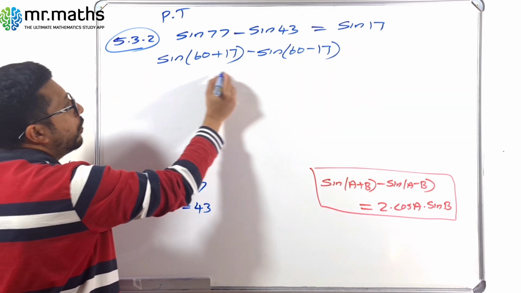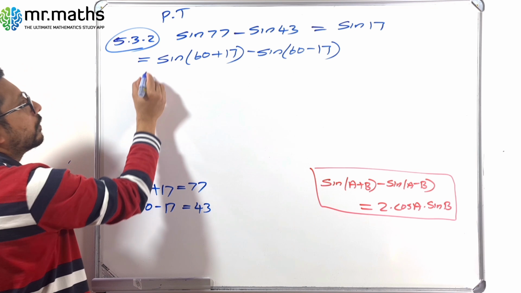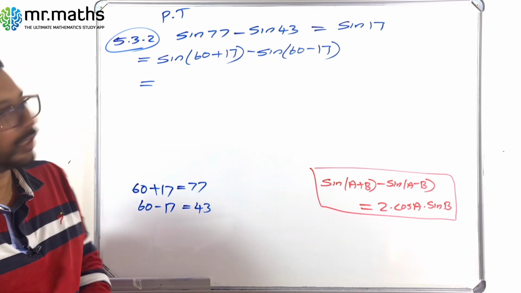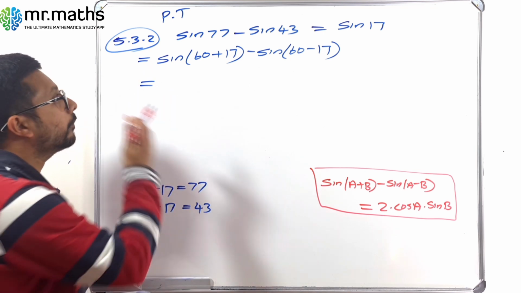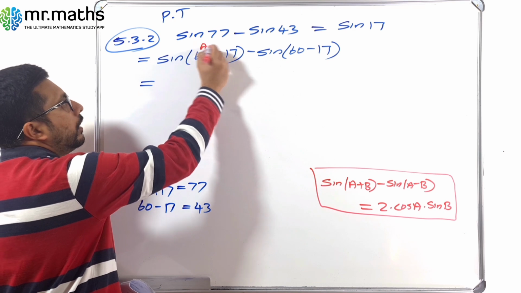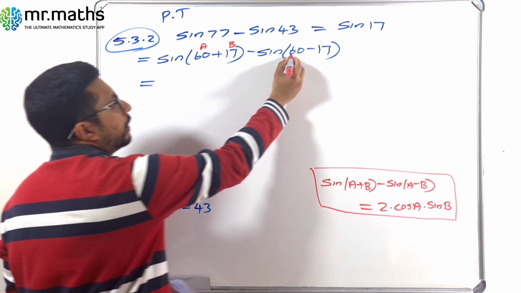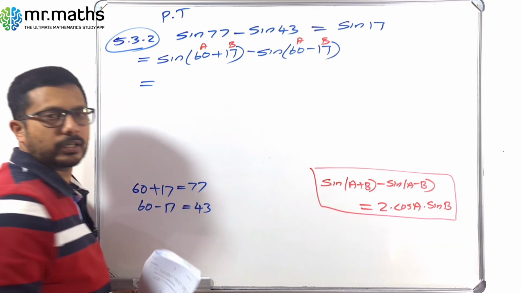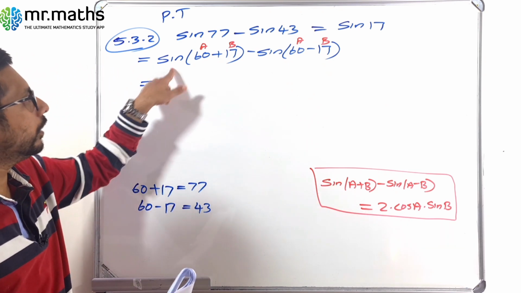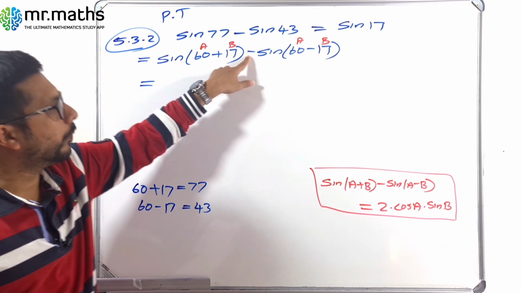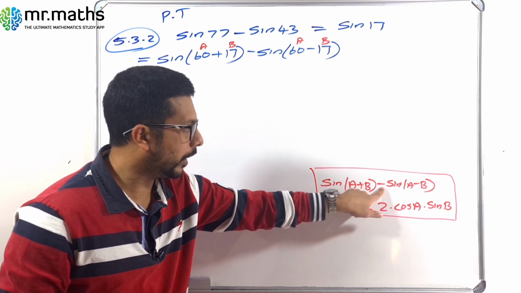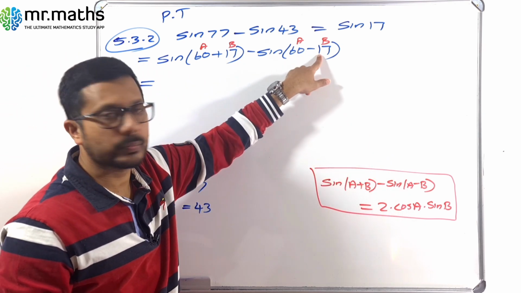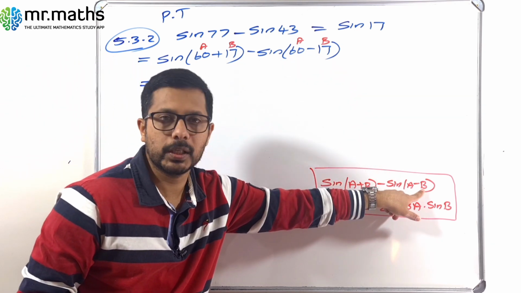Okay, so now what is this one? If I call that 60 as A and this 17 as B, 60 as A, 17 as B, is it not the same as this one? Look at this. If I call it sine of A plus B minus sine of A minus B, 60 minus 17.